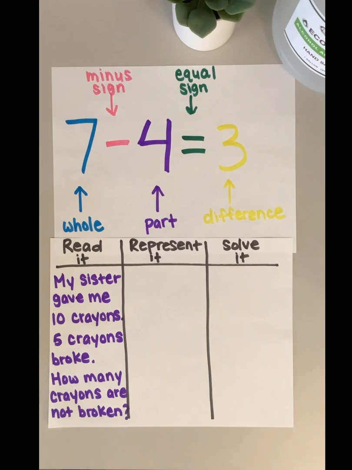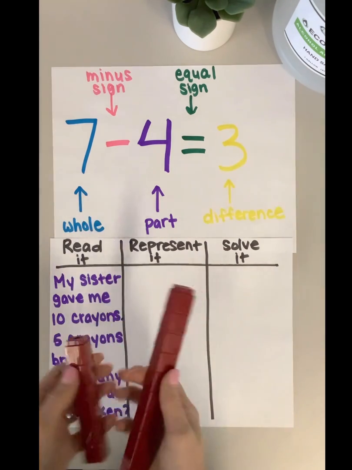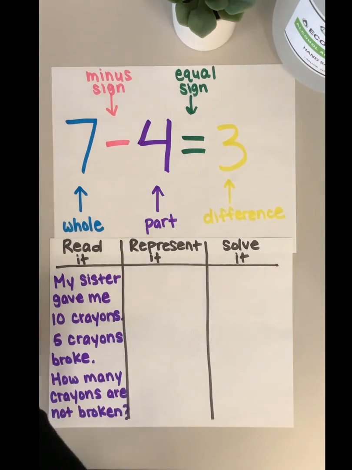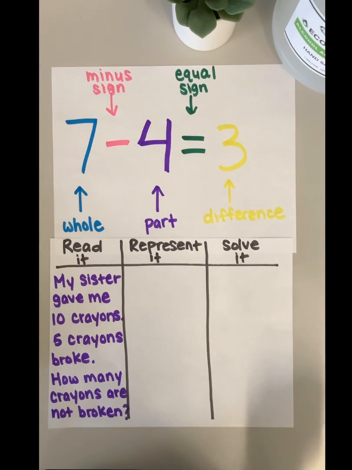Okay, we read our problem. Step 1 is done. Now let's go to step 2. What is step 2? Represent it. And we need our math tools to represent our math problem. So show me with your fingers, what is our whole for this problem? How many crayons am I starting out with?